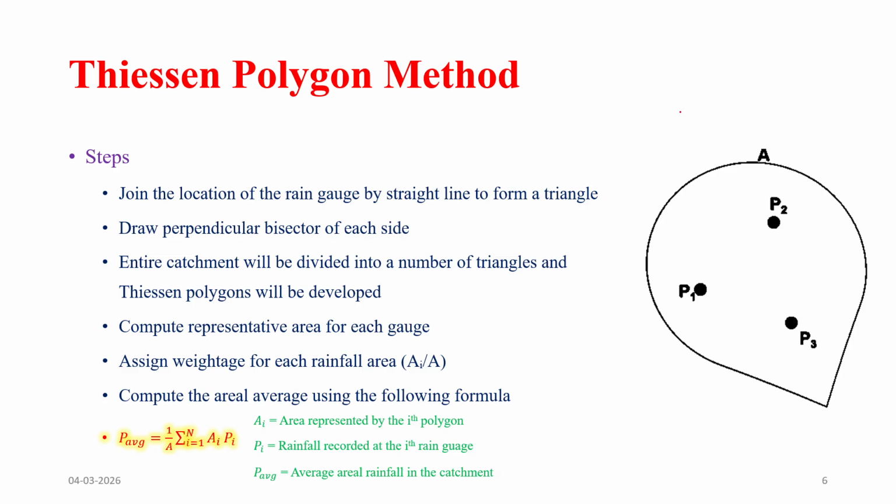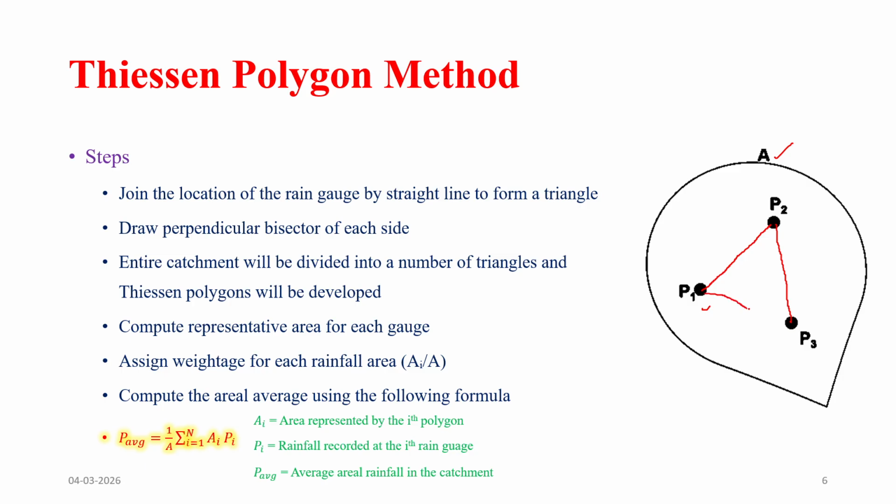So here, suppose this is a catchment as shown in this figure, and the area of the catchment is A. This catchment has three rain gauge stations P1, P2, P3. The very first step of this method is to join each station by a straight line to form a triangle.